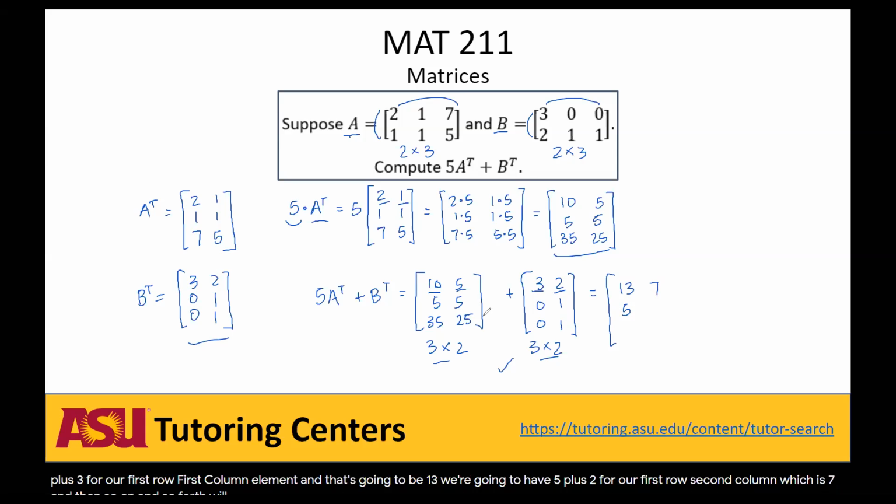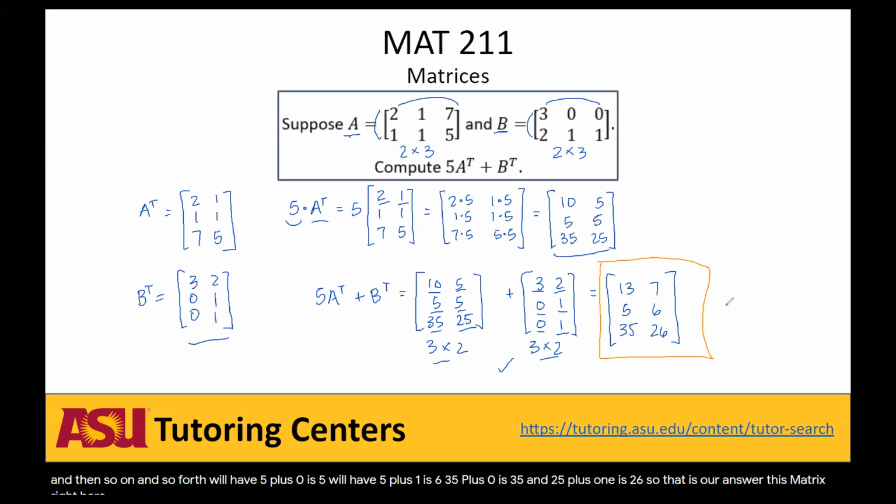We'll have 5 plus 0 is 5. 5 plus 1 is 6. 35 plus 0 is 35. And 25 plus 1 is 26. So that is our answer. This matrix right here. Yay!